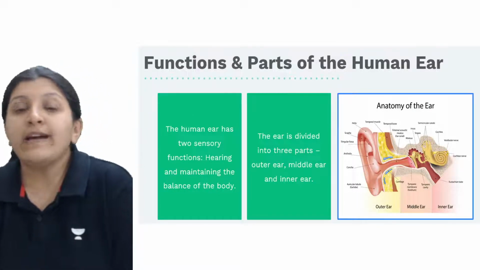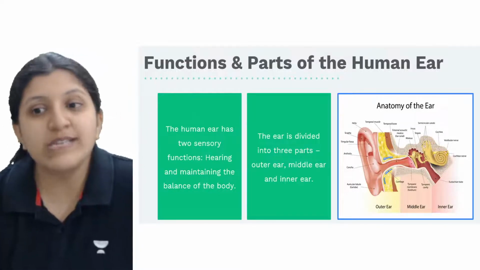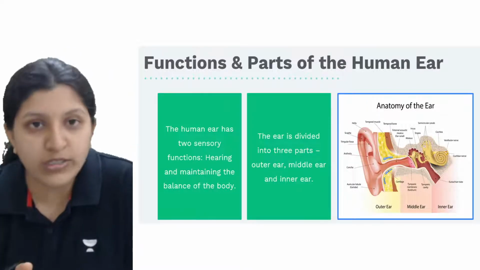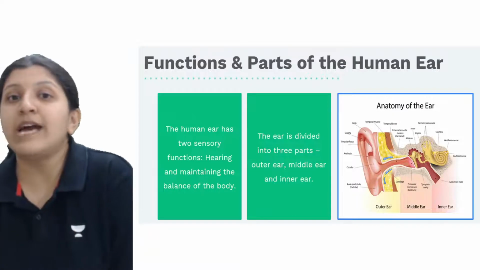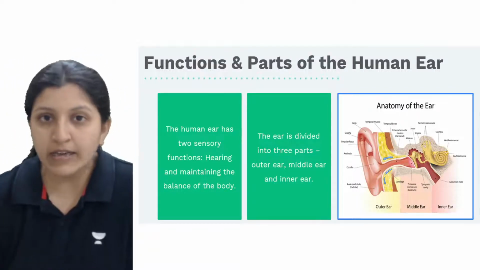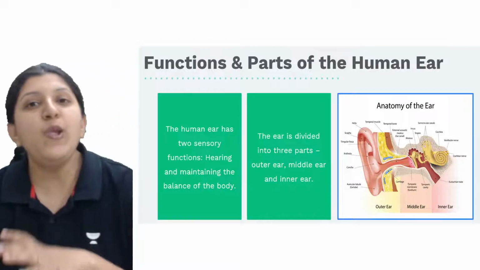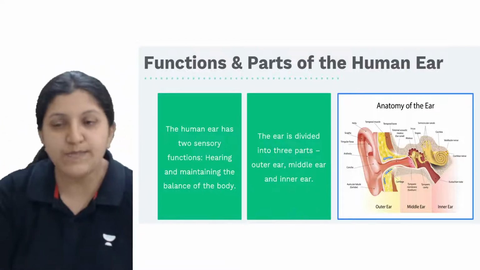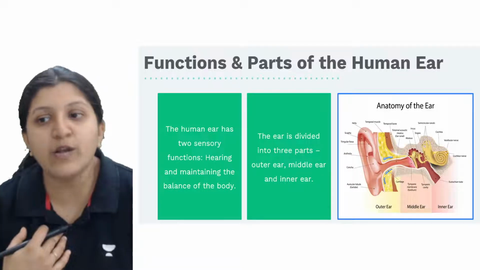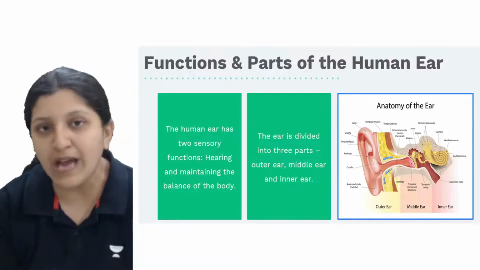Here you need to concentrate on what part comes under the outer ear, what part comes under the middle ear, and what part comes under the inner ear. This is very important. A lot of questions can come from this part, specifically the working, and also the structure of the ear can be asked as a diagram.